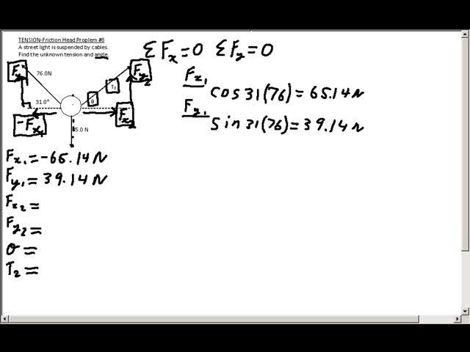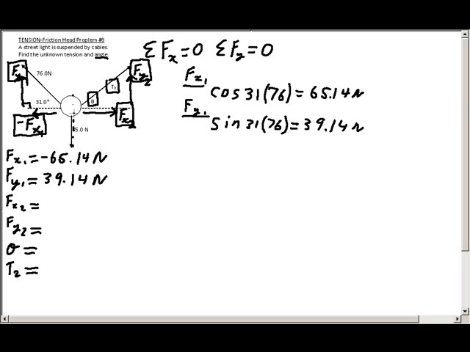Now we're going to tackle the right side. In order to tackle the right side, we're going to need to recognize that the force to the left has to match the magnitude of the force to the right. How do you know that? Well, because the object is suspended.